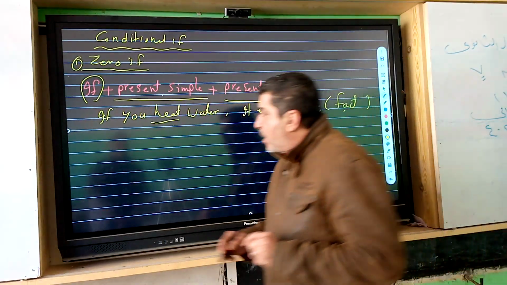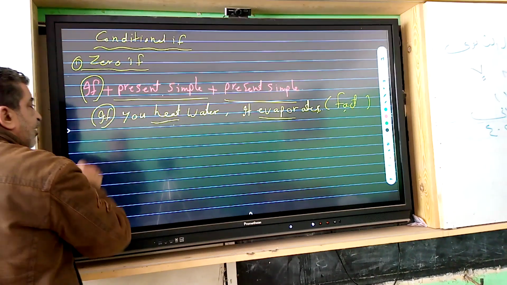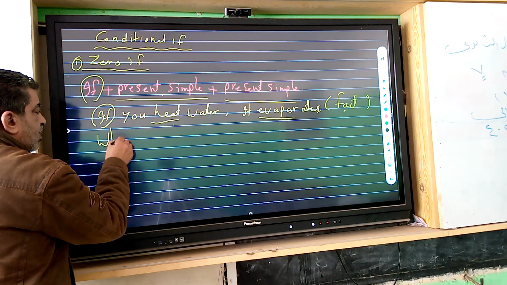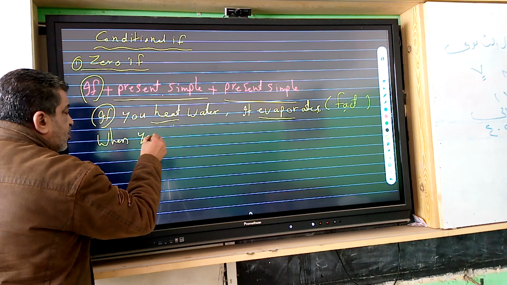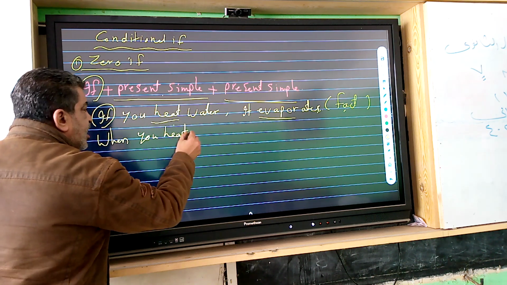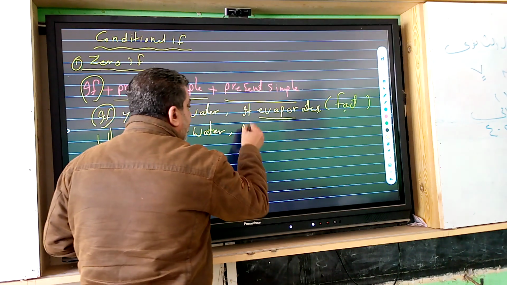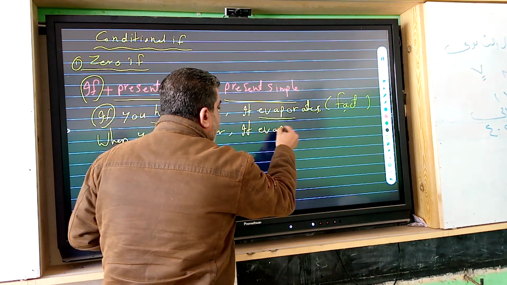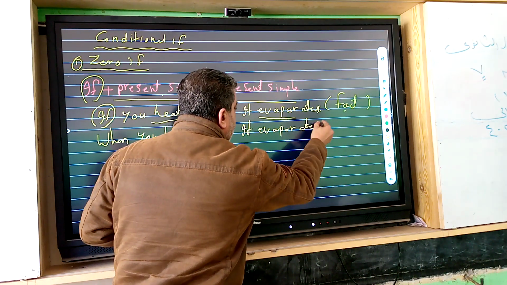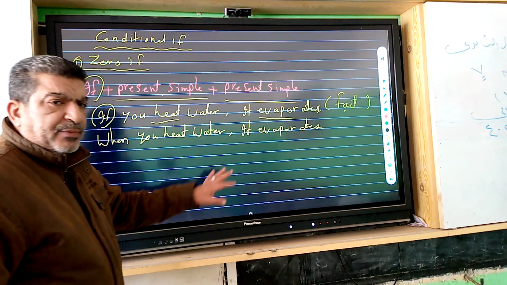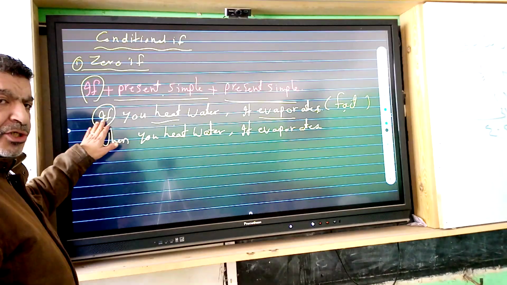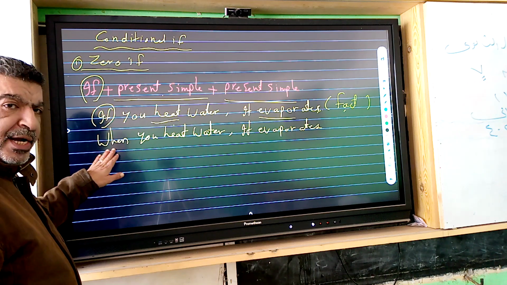And also, if we omit if, we can say when you heat water, it evaporates. The same consequence. We can change if with when.